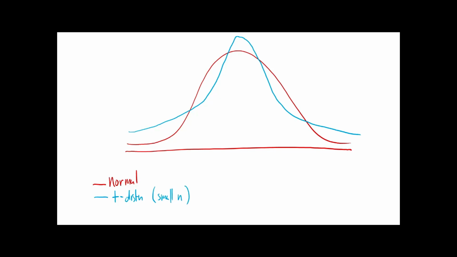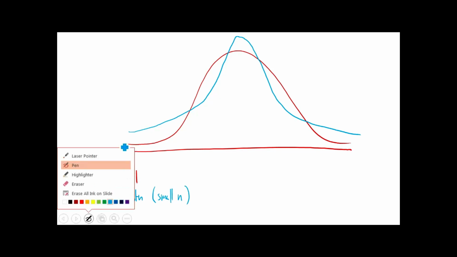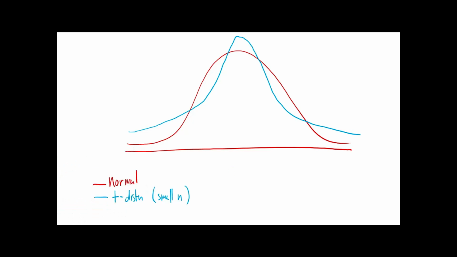It's heavy-tailed. But what happens to the t distribution as you take more samples? It starts to look more what? Starts to look more normal or bell-shaped. So if I take more samples, it's going to look a lot more like that normal distribution. So that would be t distribution with a large n.